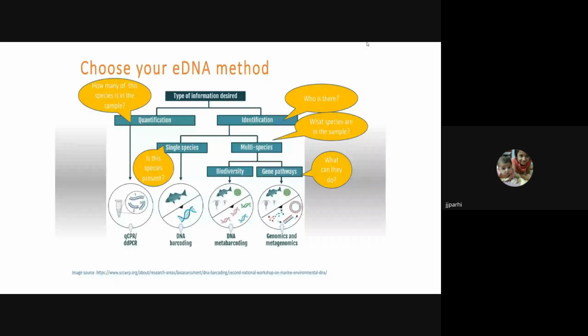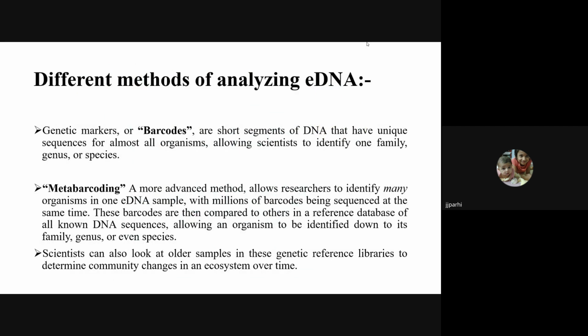How this food web is there, what herbivorous and carnivorous species are there, and how they are related functionally. For that, we have to go for a genomics study or metagenomics study, where we study the functions. We have to study the different genes also, how they are present.